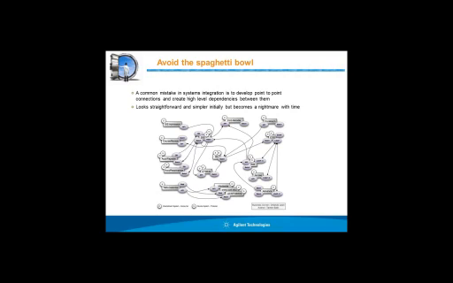It's done like this, but in the future it becomes a nightmare with time, because the dependencies you create between the systems make them difficult to evolve, and each one is too much linked with each other. So that's really the picture that you need to avoid.